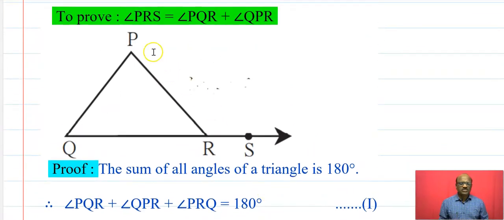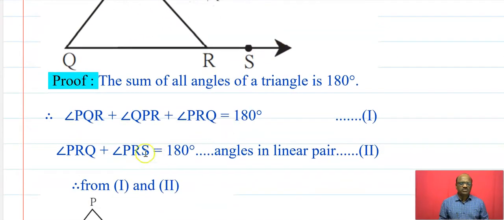Also see these two angles: angle PRS plus measure of angle PRQ is equal to 180, that is angles in linear pair. Now the sum of the angles of the triangle is 180 and this is also 180. It means that the right hand sides are equal, both are 180. Therefore we can equate these left hand sides also.